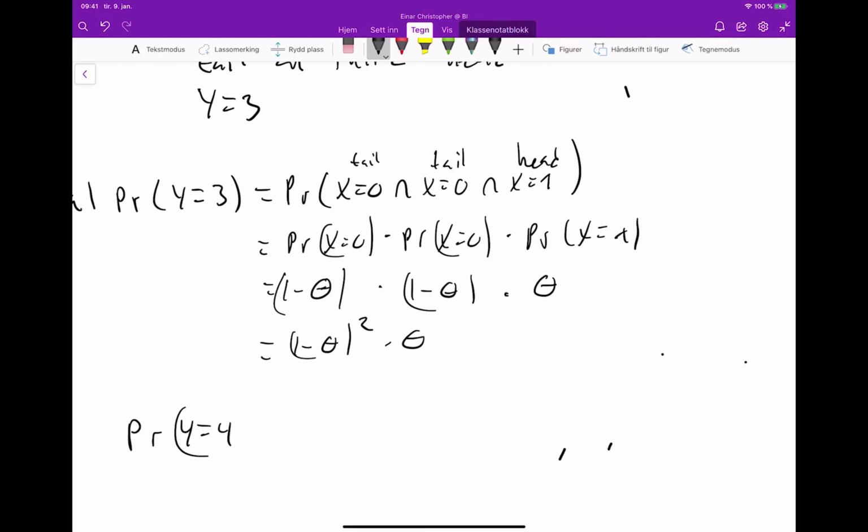So then, what is the probability of y equal 4? Probability of y equal 4 is of course the probability of x equals 0, and x equals 0 again, and x equals 0 again, and then x equal 1.